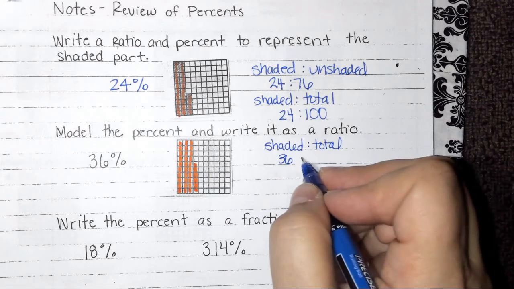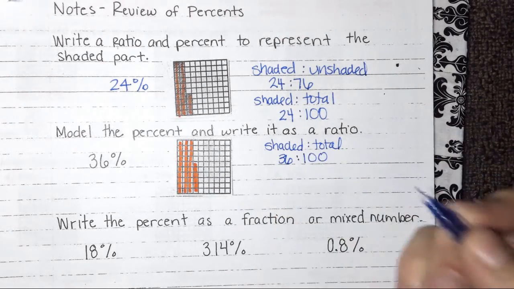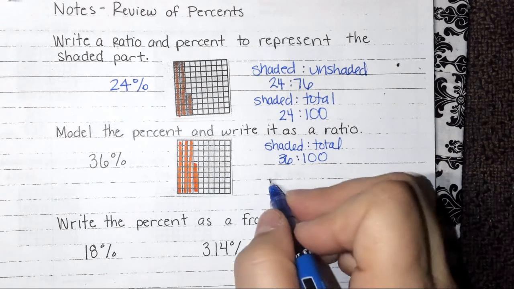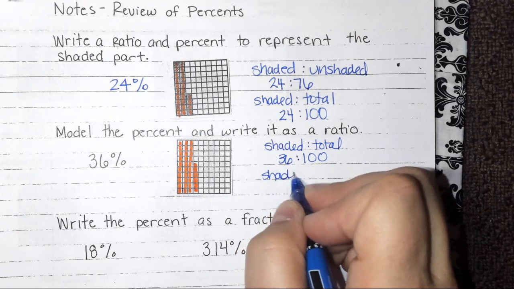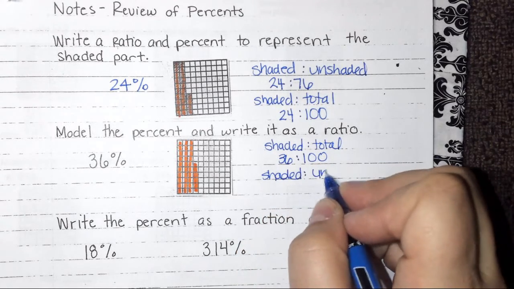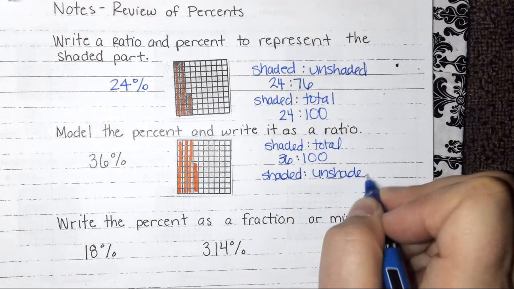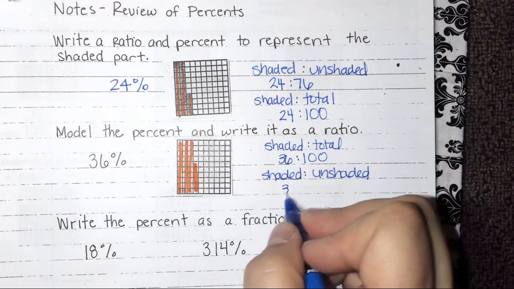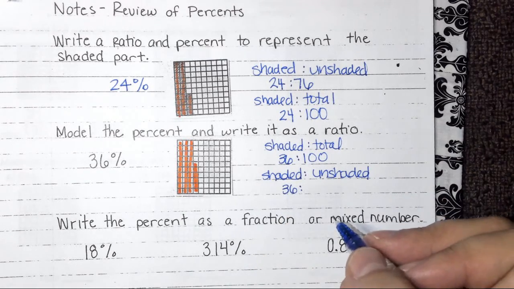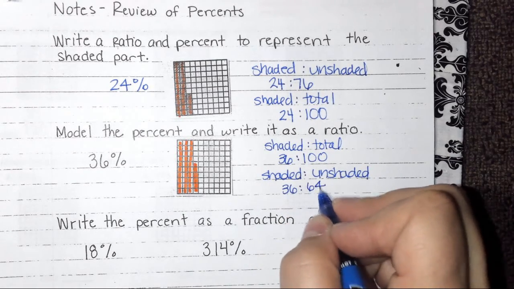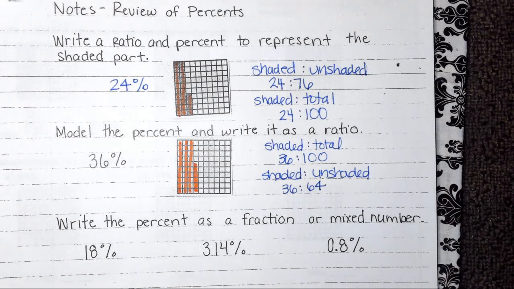36 to 100. Very good. What about shaded to unshaded? 64. Excellent. And then what if I said what percentage is unshaded? 64.